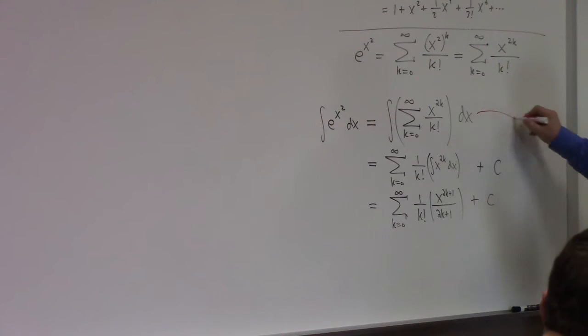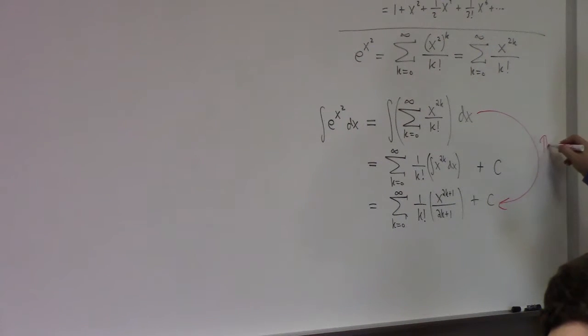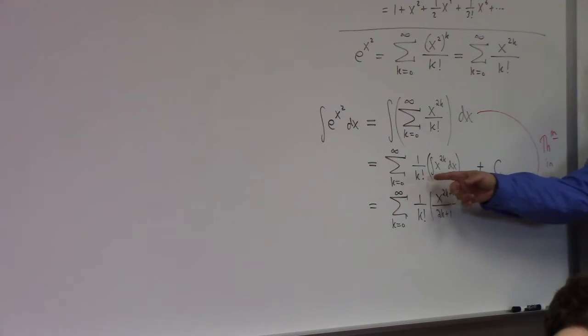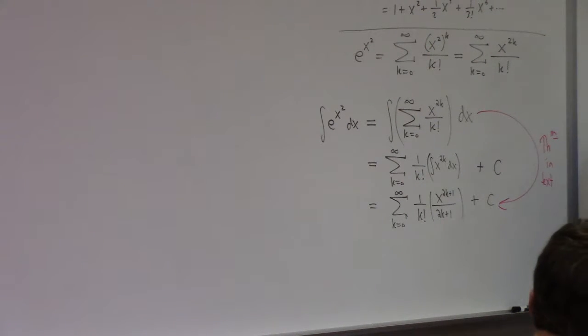To go from here to here is the theorem in the text. This is the term-by-term integration of power series theorem. What I wrote in the intermediate step is my intuition. That's how I think about the theorem.